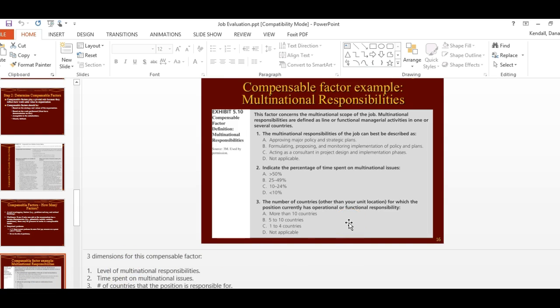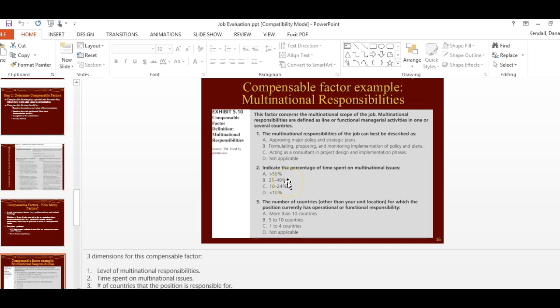Okay, so here's an example of a compensable factor, and it's multinational responsibilities. And so again, here's the definition. This factor concerns the multinational scope of the job. Multinational responsibilities are defined as managerial activities in 1 or more countries. And there are 3 dimensions for this factor. First, the level of multinational responsibilities, and that's this one here.